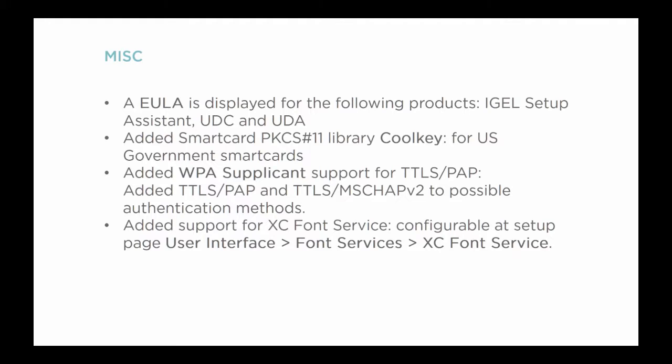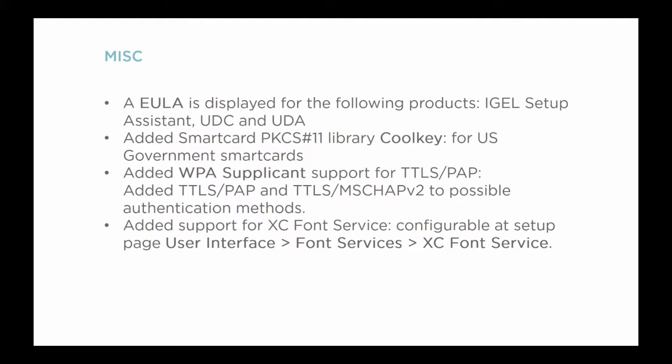We've added a smart card PKCS#11 library, which you need for use with US government smart cards. It's called CoolKey. You needed to load that specifically in previous versions, and now it's just one of the libraries you can pick from.